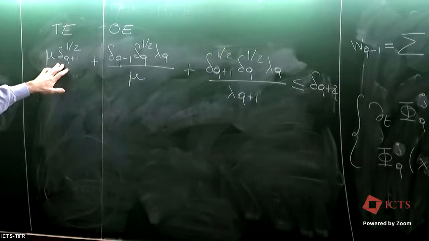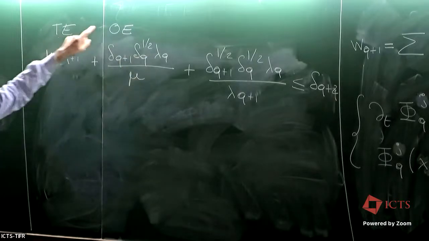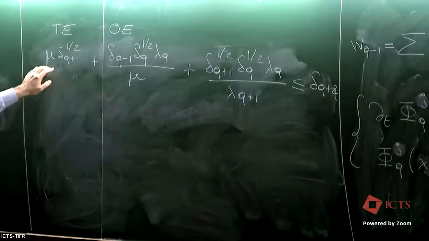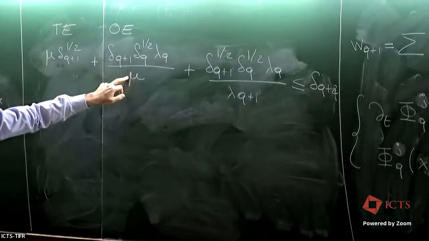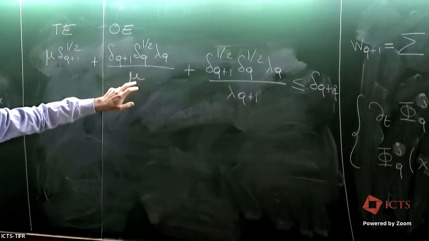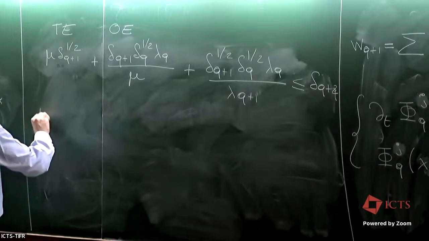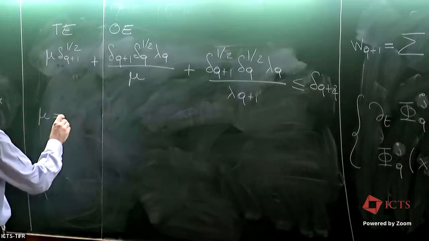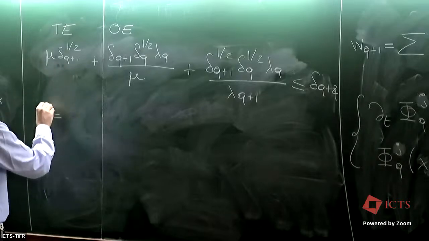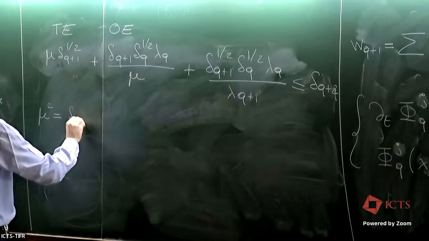You see, you want to choose it in such a way that this quantity over here is minimal, right? It's a very simple optimization problem, right? So the sum of this guy is going to be minimal when you actually choose mu so that they balance each other, okay? So you know what you have to choose. So mu has to be chosen to be mu squared, then I divide it over here, so this has to be chosen in this fashion.